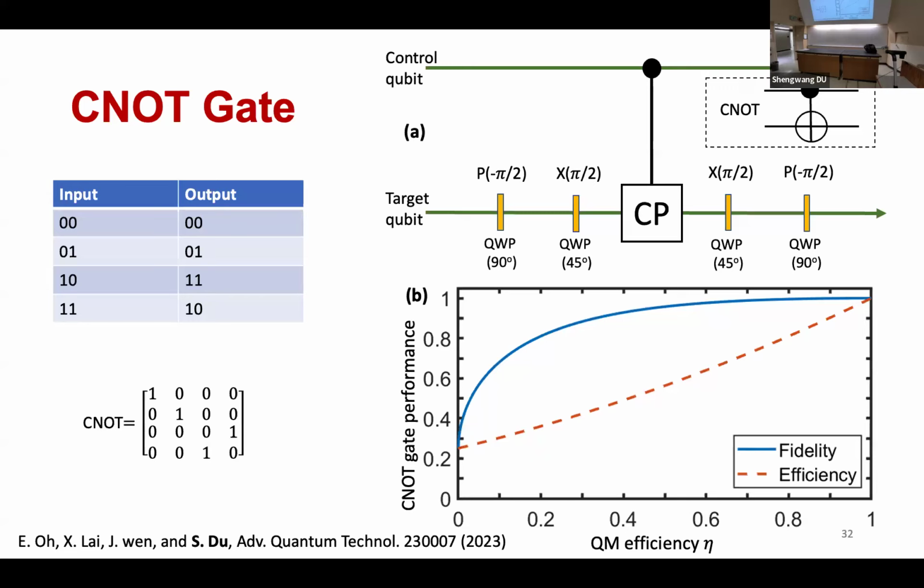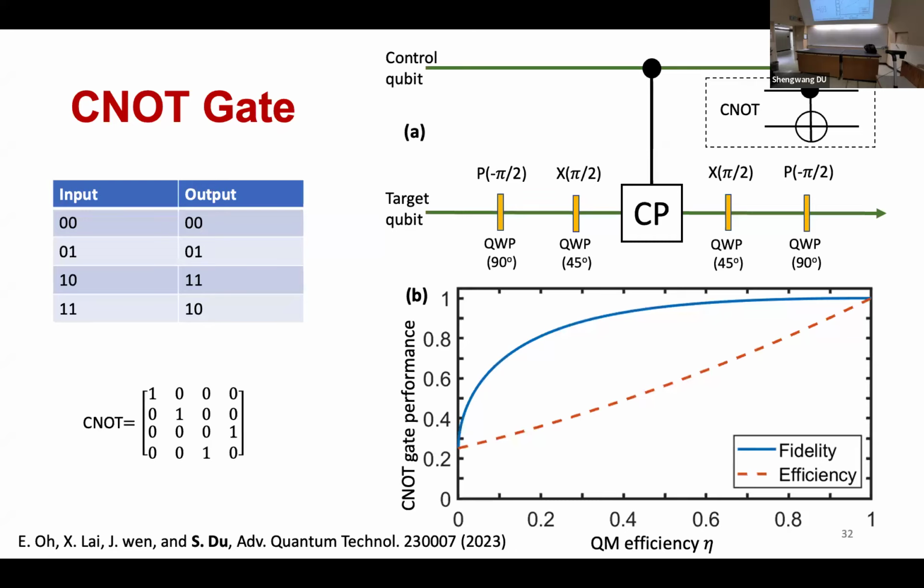It's a standard. So here I will show you, if you realize a CP gate, you just need to add some quarter wave plate before this target qubit photon. This 90-degree means the orientation of the slow axis. You can do the simple math, and you can turn this CP gate into a C-NOT gate. So this is the symbol of the C-NOT gate.